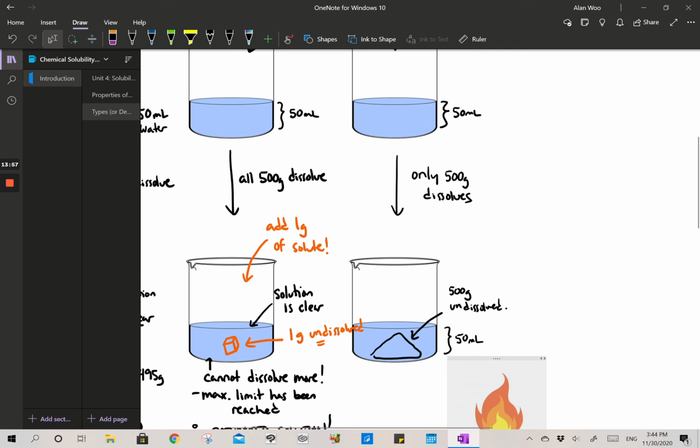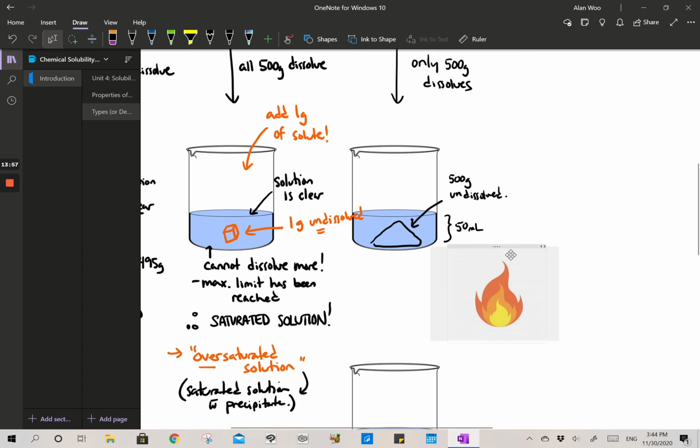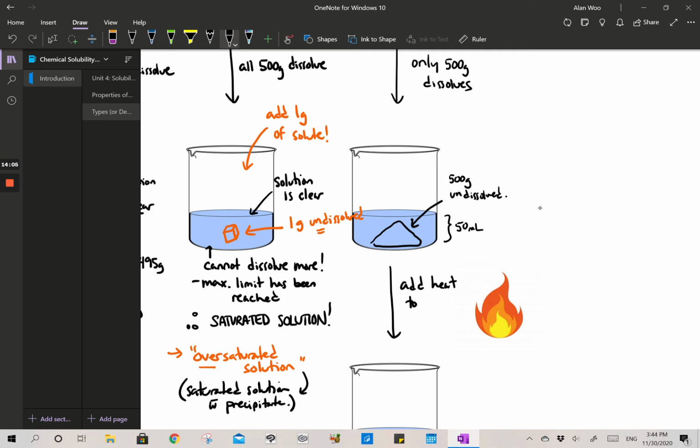So this is a special procedure. We are going to now add heat to dissolve the extra solute.